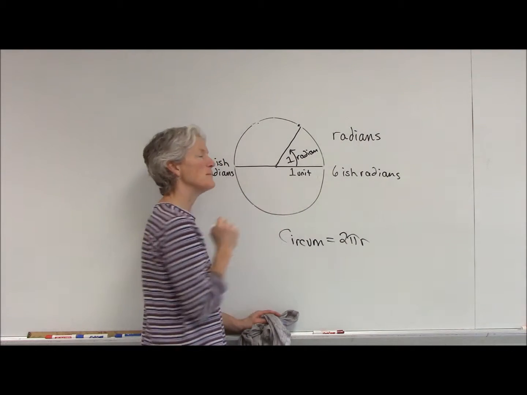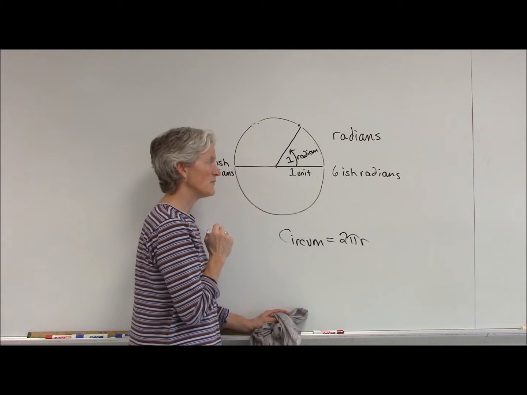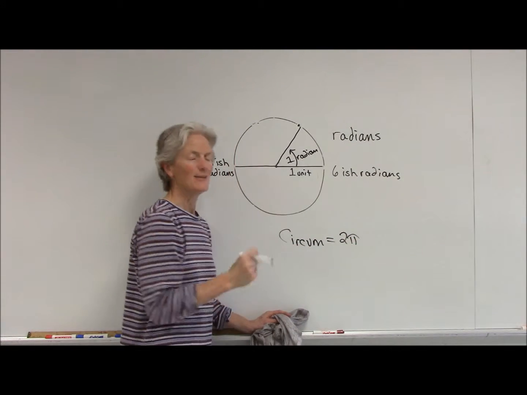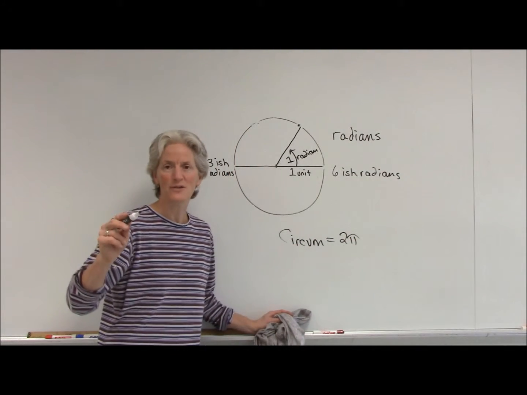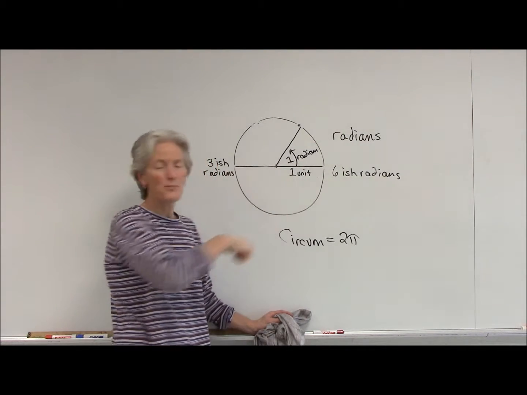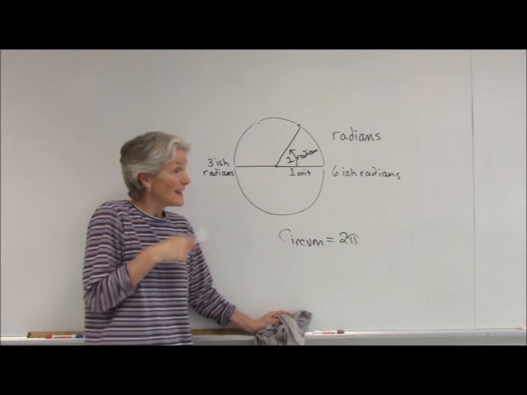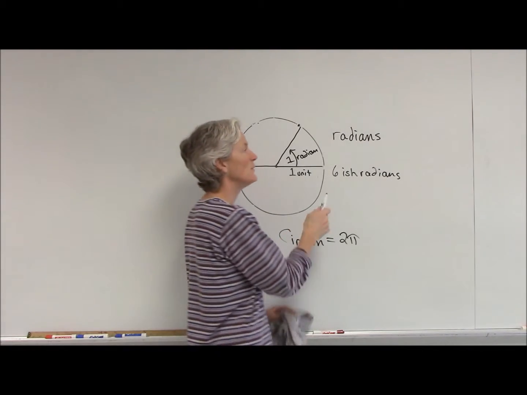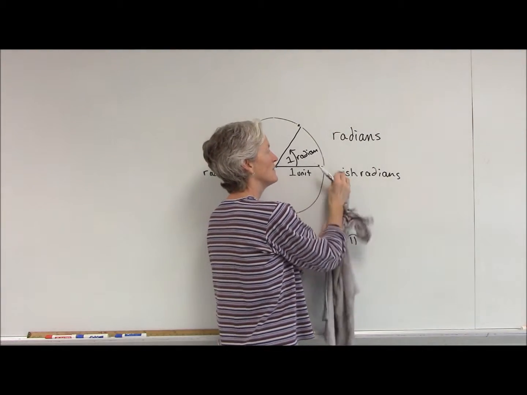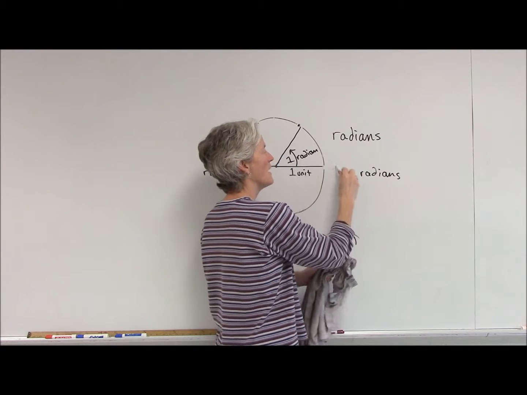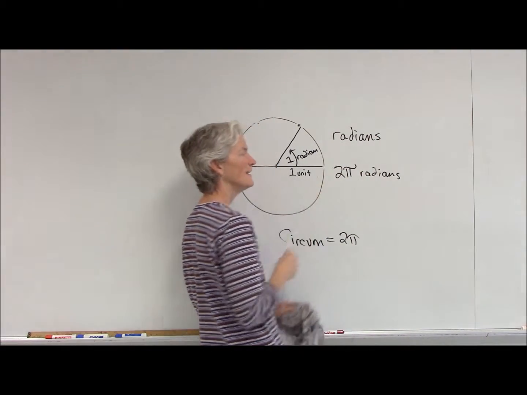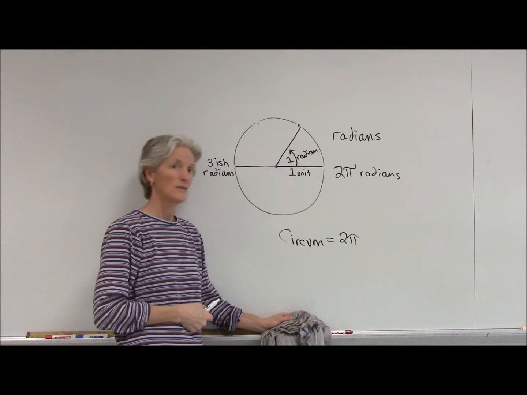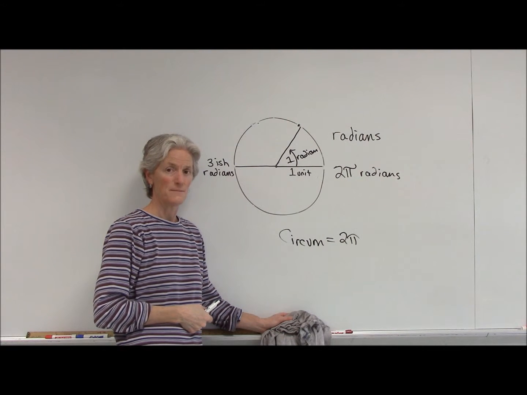So in my unit circle, the circumference will be 2 pi. What's pi about? 3.14159-ish, a little bigger than 3. Something a little bigger than 3 times 2. That sounds about right for how many radians make up a complete rotation. There are 2 pi radians in a full rotation around a circle.